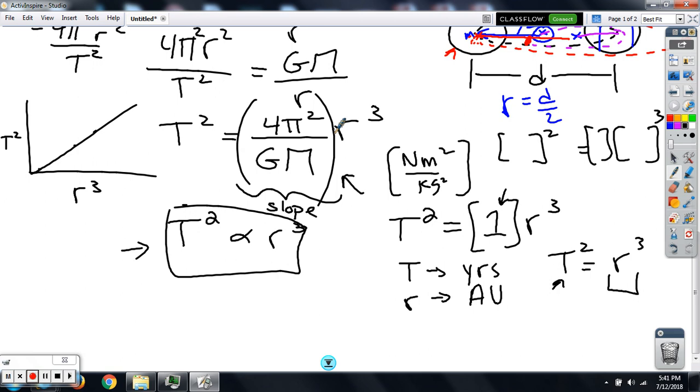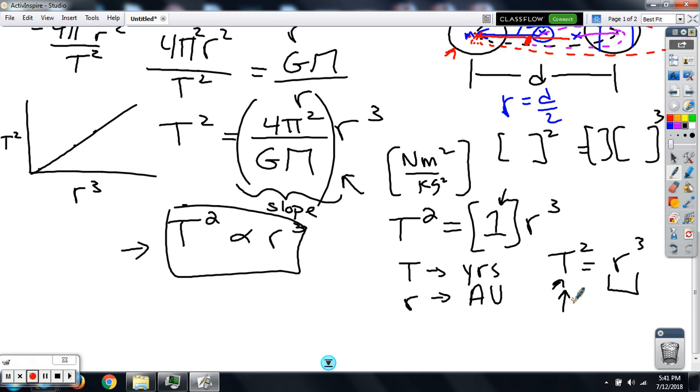So first off, you cannot plug in 686 days directly for big T, square it, cube root it to find R, and expect to get an answer in astronomical units. That's not how this formula works.